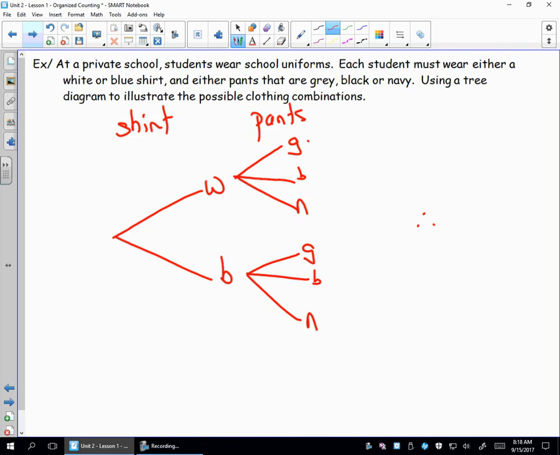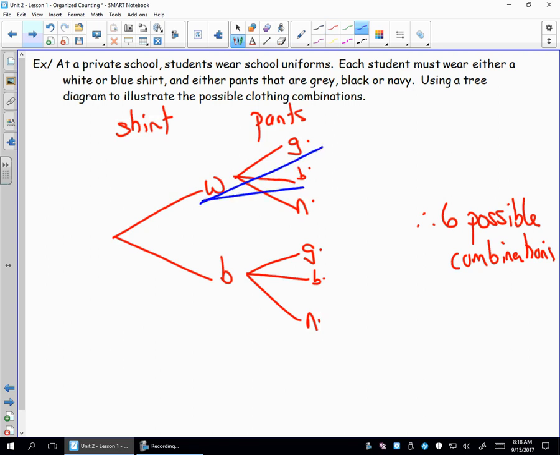If I look at my leaves, the things at the end, there are 6 possible combinations. And I can make a list of them by following each set of branches through my tree diagram. So one list would be: white shirt, gray pants; white shirt, black pants; white shirt, navy pants; or blue shirt, gray pants; blue shirt, black pants; blue shirt, navy pants.